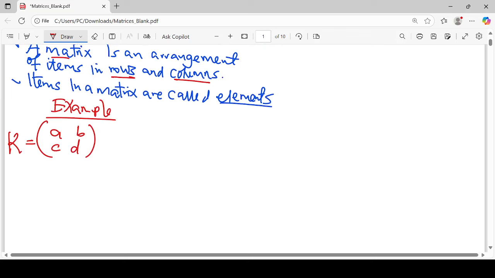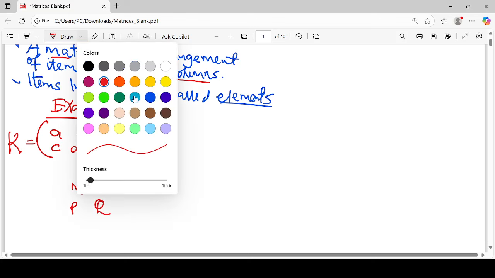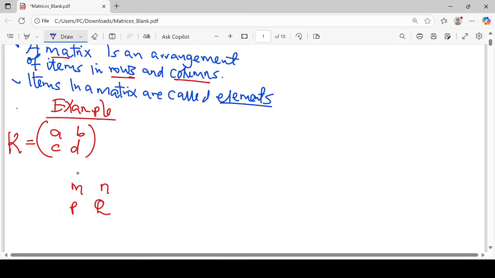Now, how do you identify a row and a column in a matrix? Dear learners, let's say, for example, you have a matrix, call it M, N, P, Q. Now, to identify rows and columns, going downward like that is column 1.